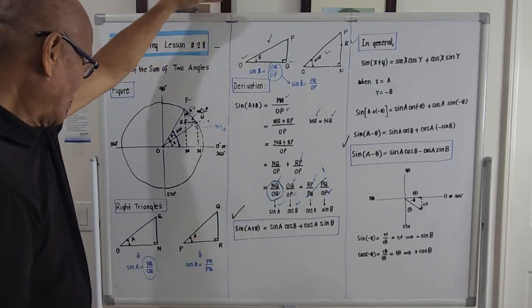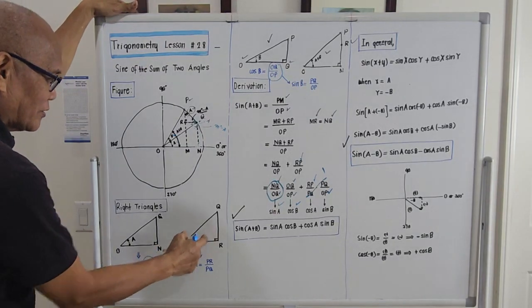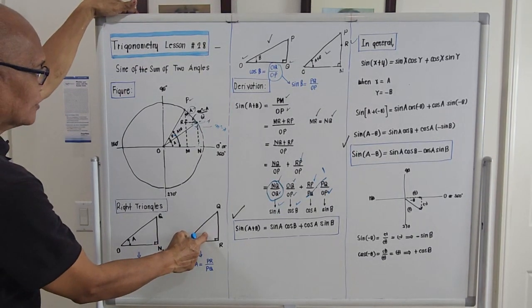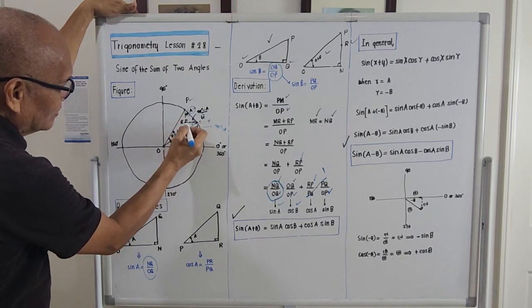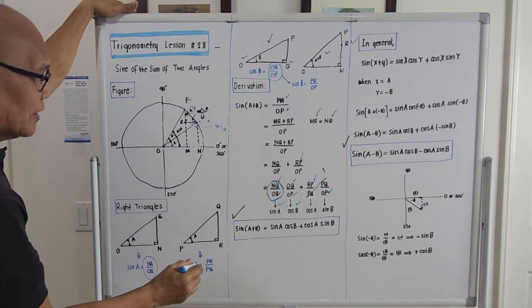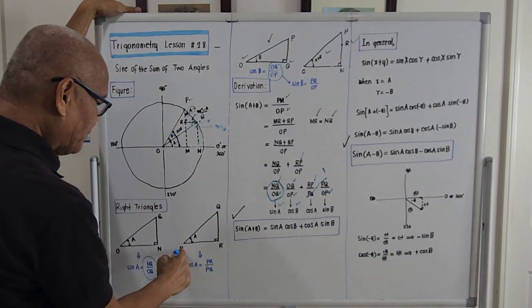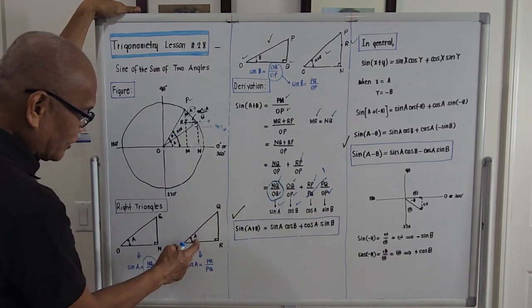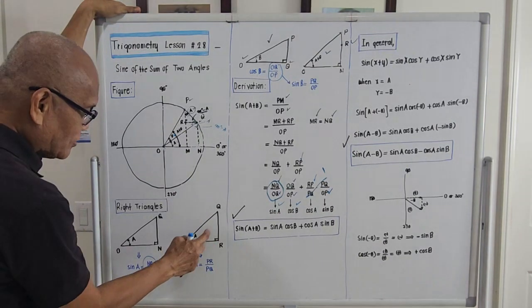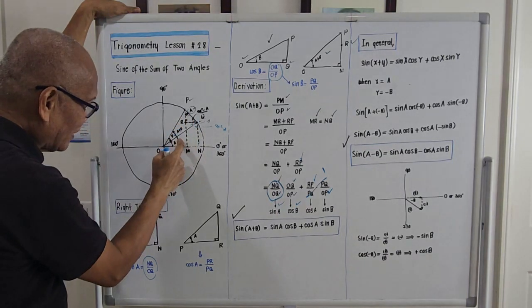What's the third one? Still angle A. We'll go to angle A, but we'll consider the second right triangle. This second triangle actually emanates from this one here. The ratio RP over PQ, considering angle A, this triangle is different from this one.